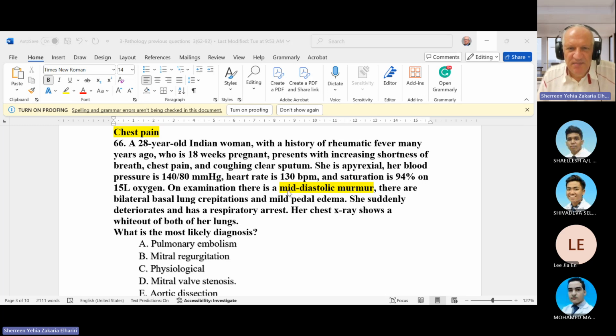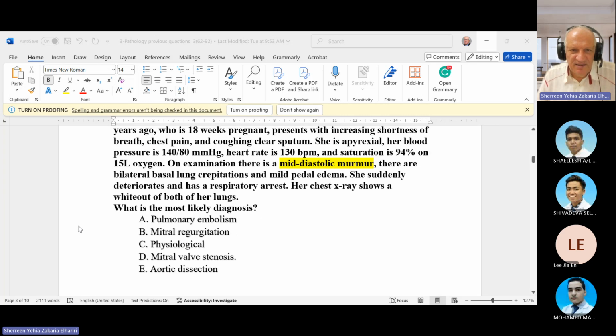Maximum on examination is a mid-diastolic murmur. There is bilateral basal lung crepitation and mild pedal edema, usually bilateral, consistent with heart failure. Suddenly she deteriorated with respiratory arrest, and chest X-ray shows white-out of both lungs. What is the most likely diagnosis?